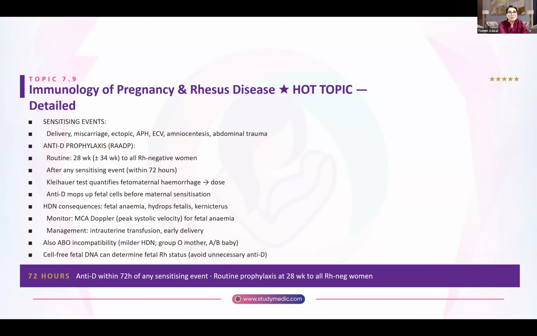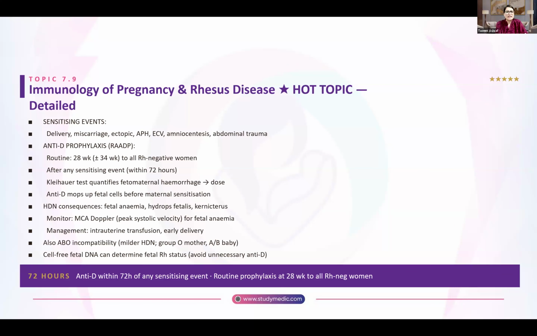When we use the Kleihauer test, we are trying to calculate the dose, because if the fetomaternal hemorrhage is larger, we may need an extra dose of anti-D. Anti-D mops up the fetal cells before maternal sensitization.